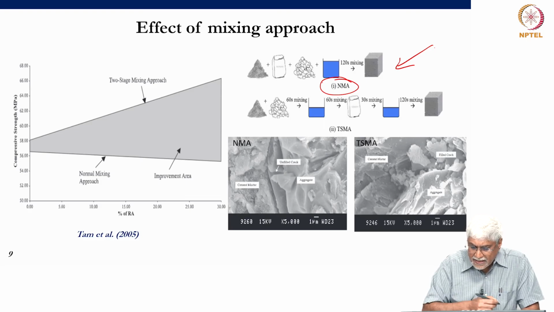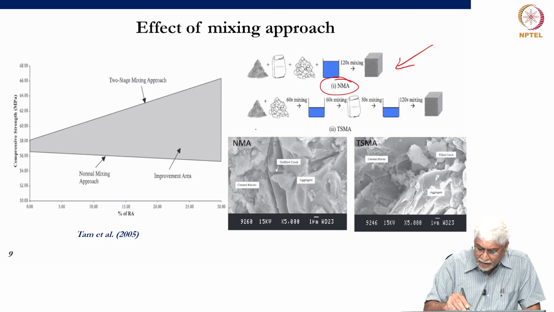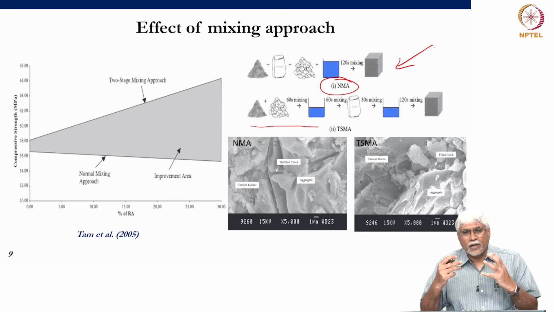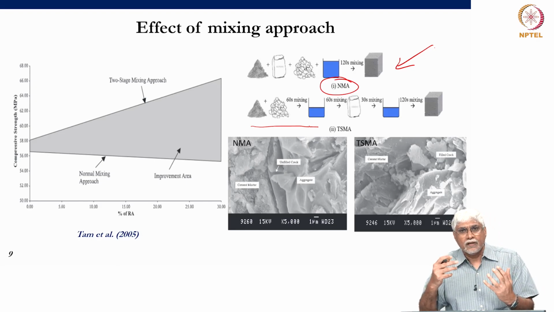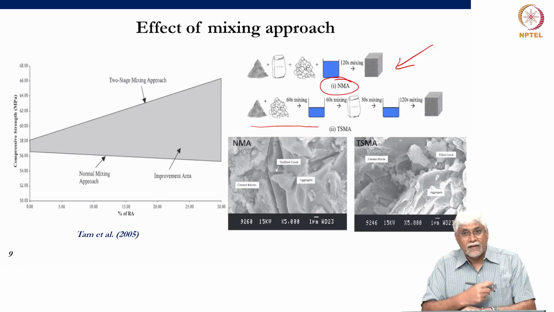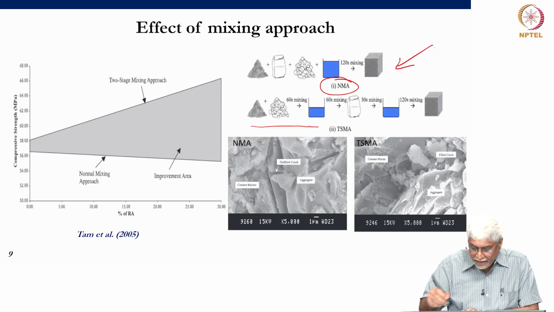Then the two-stage mixing is where we have the sand and the coarse aggregate mixed with a little bit of water, allow the water to be absorbed by the aggregates, because remember now we are talking about aggregates with some old cement mortar, adhered mortar. So we allow water to be absorbed instead of absorbing from the cement mortar. Then we add the cement and then mix.